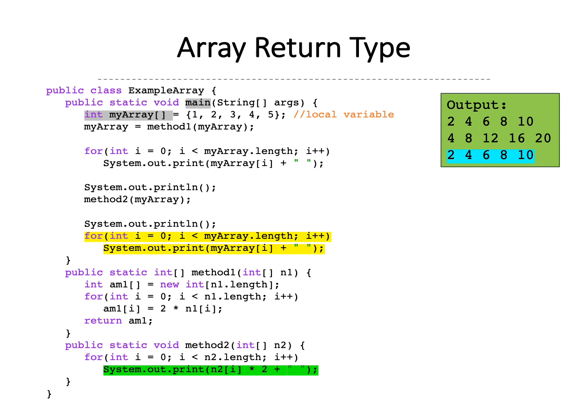Even if they are to replace it, it will give us an error because myArray is a local variable within the main method. If myArray is a static variable, meaning that we declare it just below the class name, then it could have the value 4, 8, 12, 16, and 20.